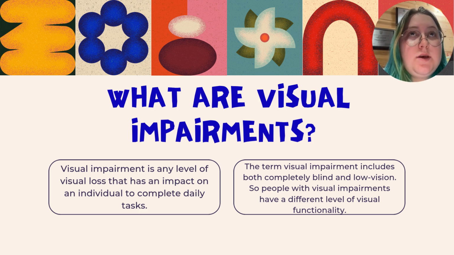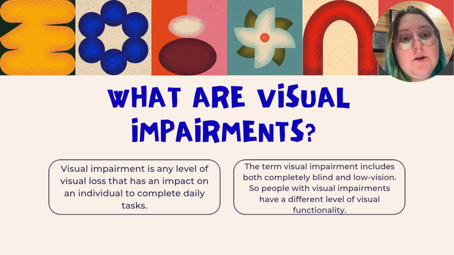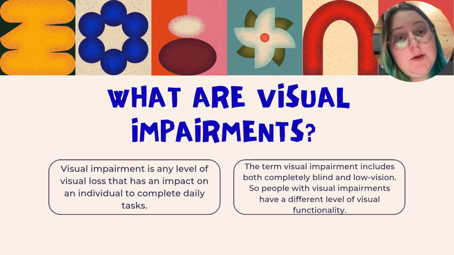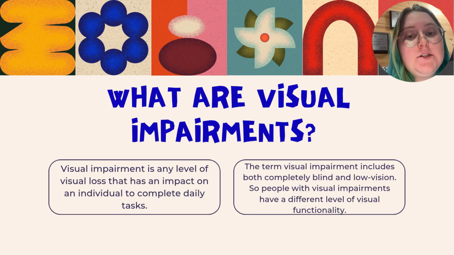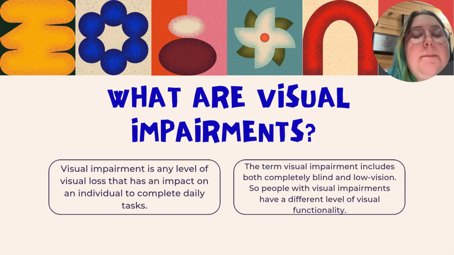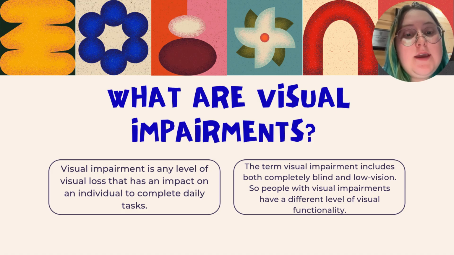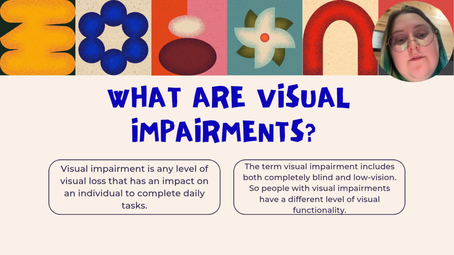So, some people who are considered visually impaired can still see a little bit, but they're still considered visually impaired because they don't have as much visibility as people need to have in their everyday lives to be able to go through life smoothly. So, people with visual impairments have different levels of visual functionality.